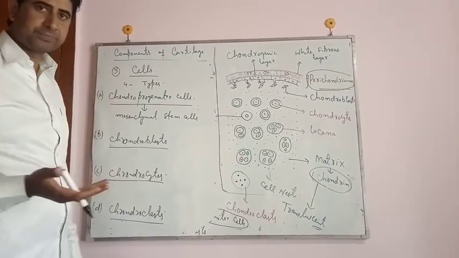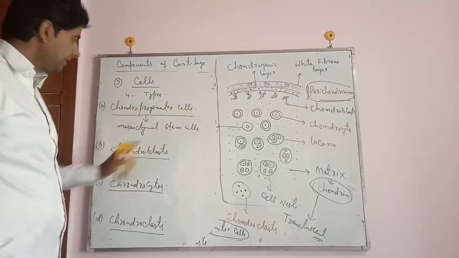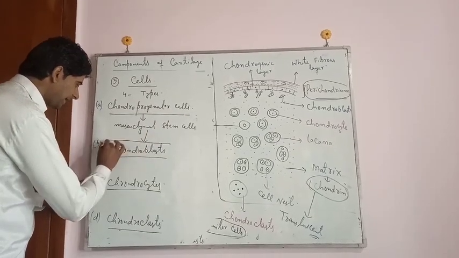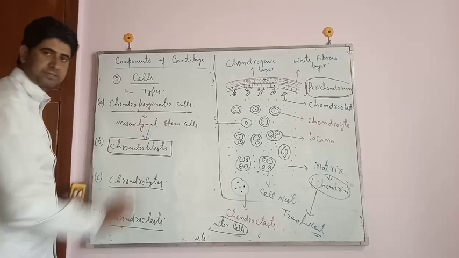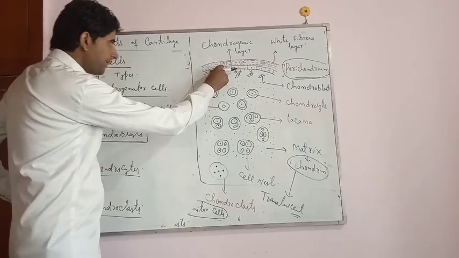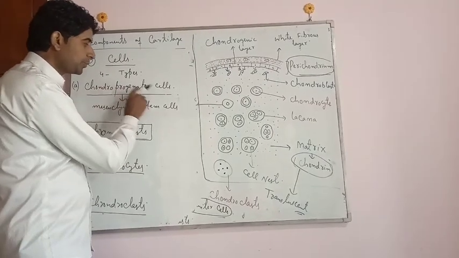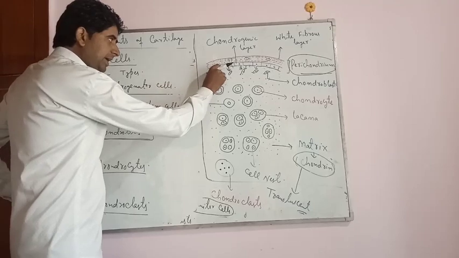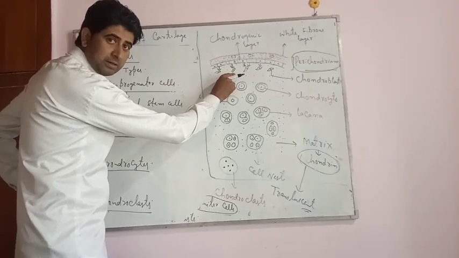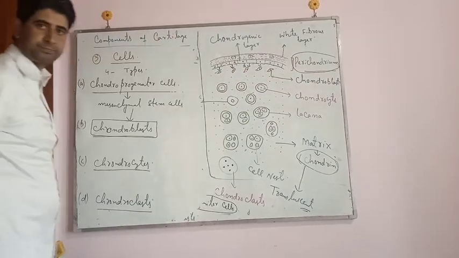Upon the division of the progenitor cells, they give rise to next type of the cells called as chondroblasts. That means this chondrogenic layer is made up of the mesenchymal stem cells, also termed as chondroprogenitor cells. They undergo the division and form small cells called as chondroblasts.